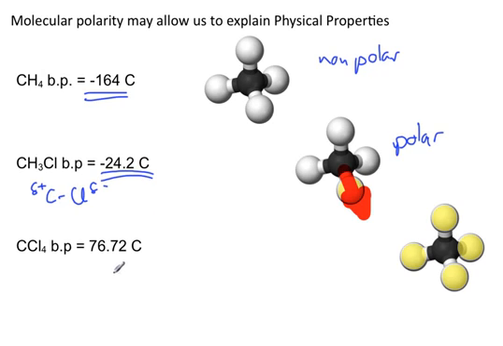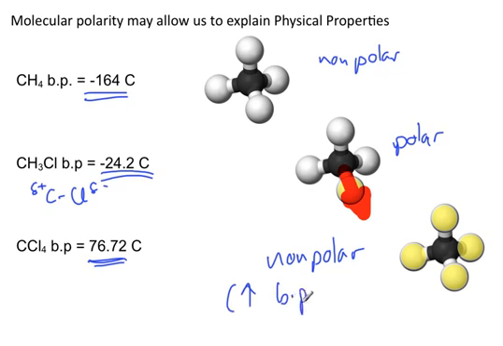But you can see how dispersion forces, or increased size of the atoms, is going to affect it too, because we have carbon tetrachloride here. And look at that boiling point, 76.72. Yet, based on the symmetry of the molecule and the symmetry of the bond dipoles, that's actually a non-polar molecule.